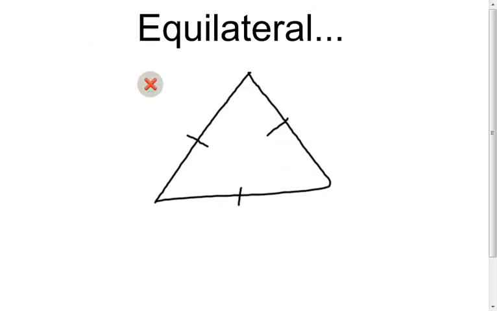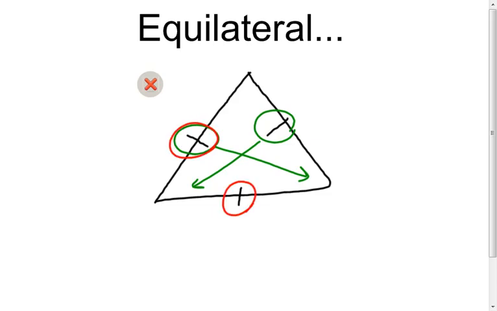The next thing I have here is an equilateral triangle. Well, if it's equilateral, going back to the theorem that we just talked about, if these two sides are congruent, here and here, then the angles opposite have to be congruent. And if this side and this side are congruent, then the angles opposite have to be congruent, which is basically telling us that all of those angles are going to have to be congruent.